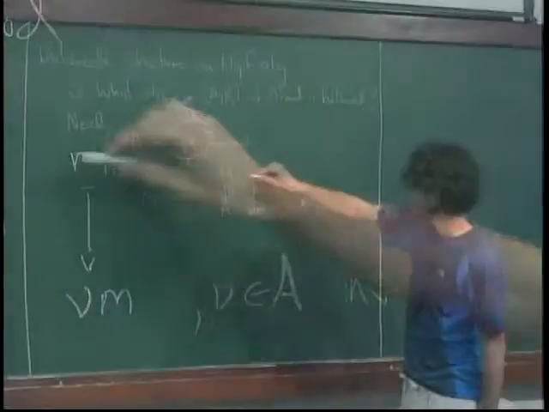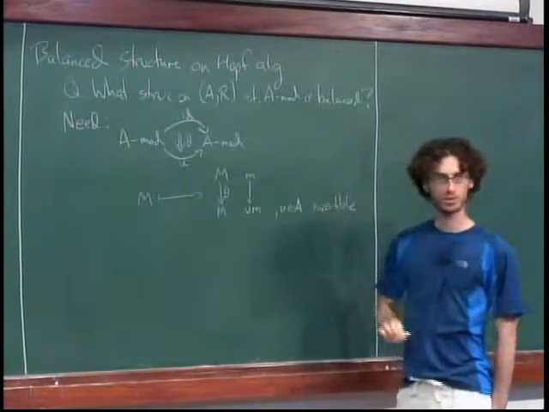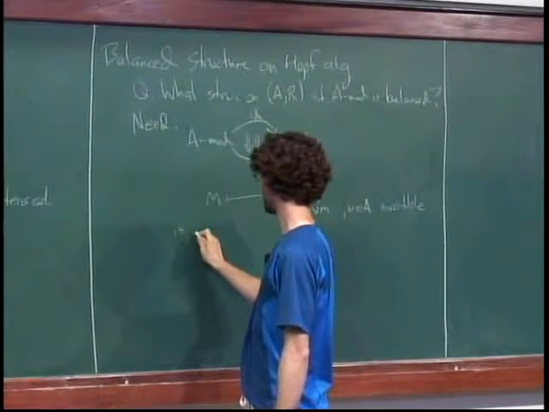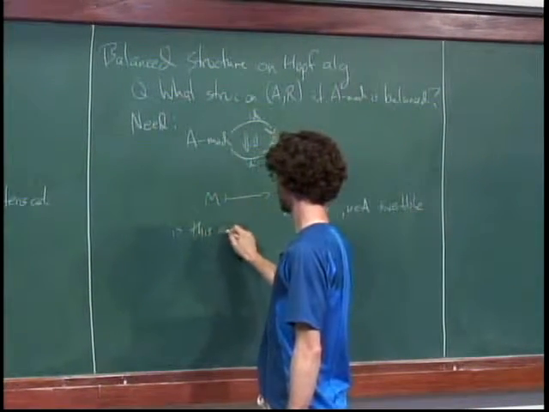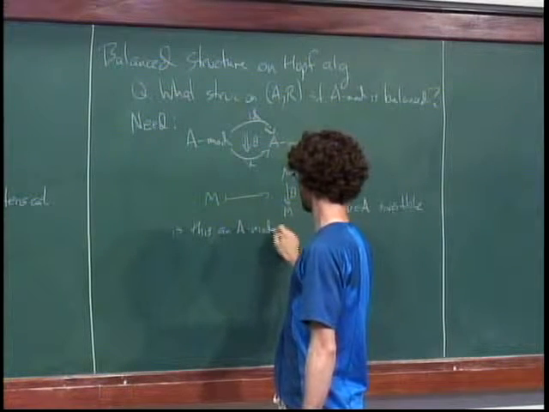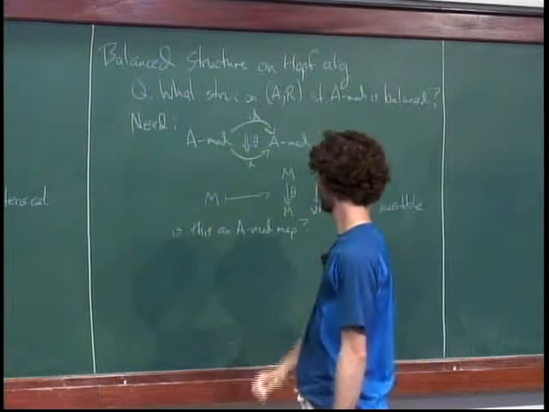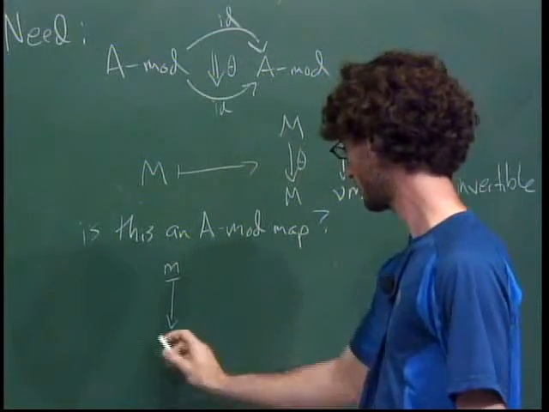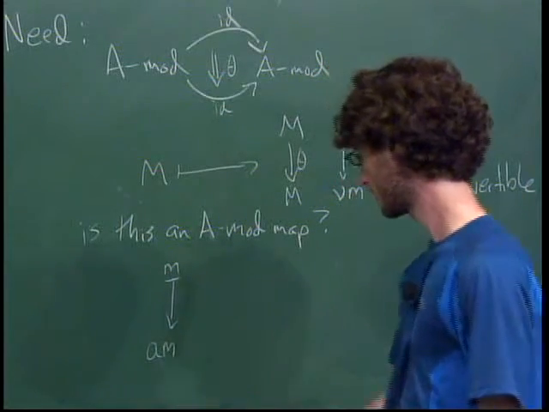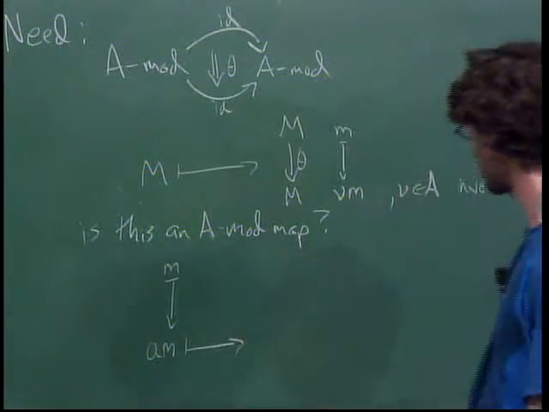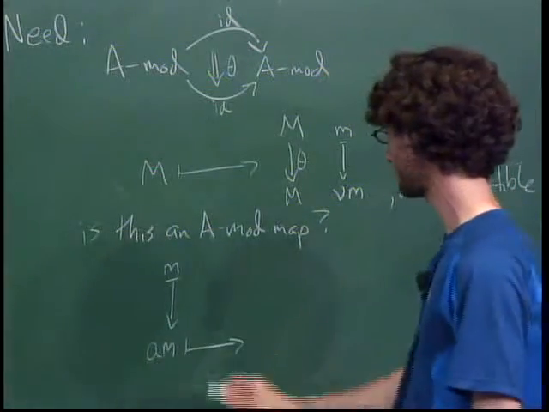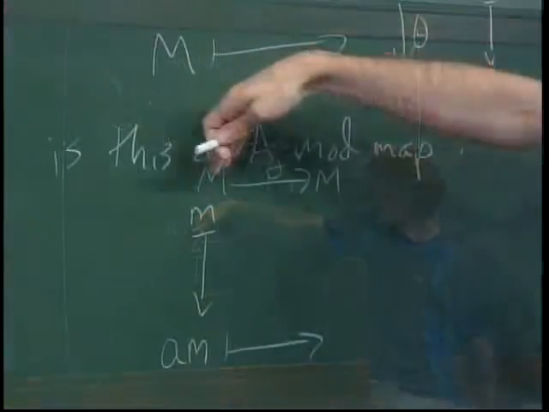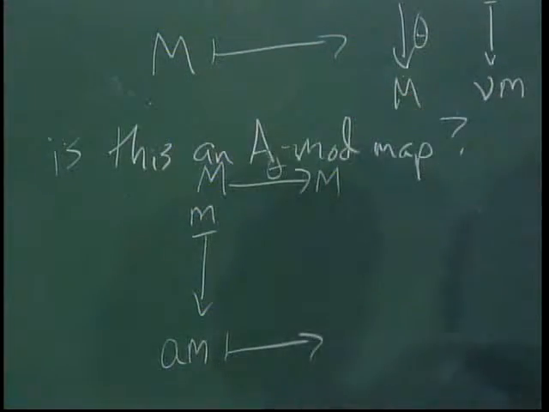And so now we need to know when it is that we actually constructed an A module map. So let's check that. Is this an A module map? Well, if we start with M, then on the one hand, we can multiply by some element of the algebra. So I'm going to check if theta going horizontally from M to M is a module map.